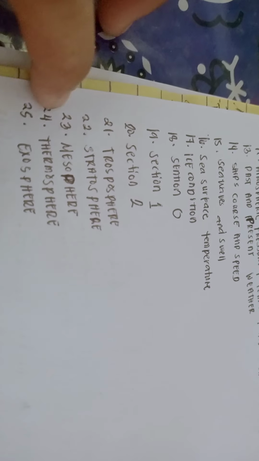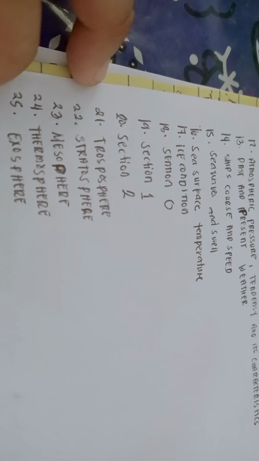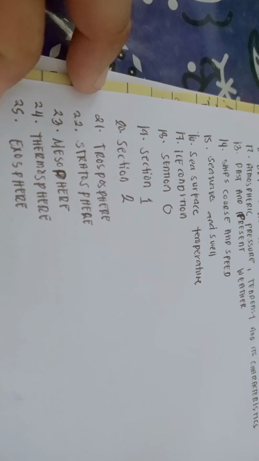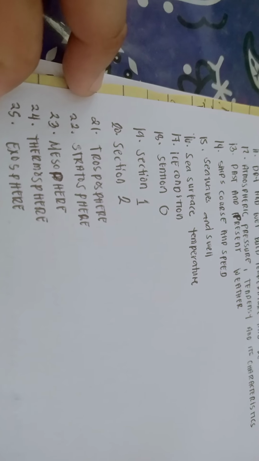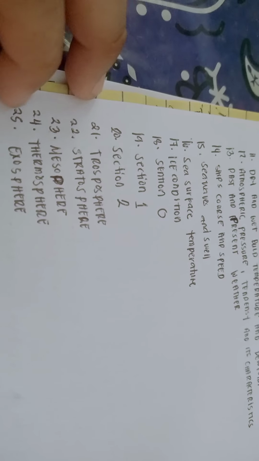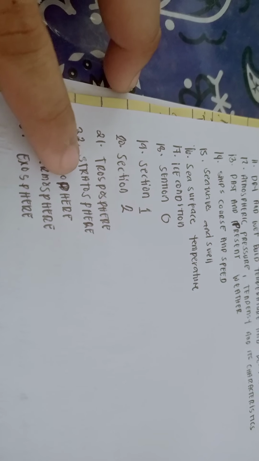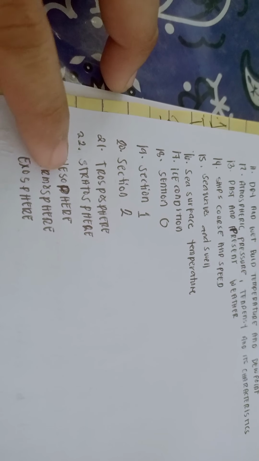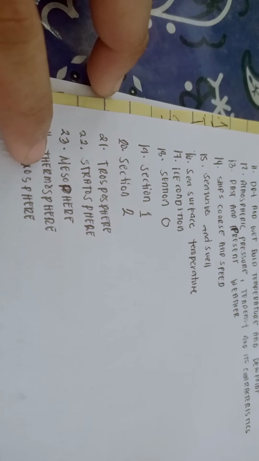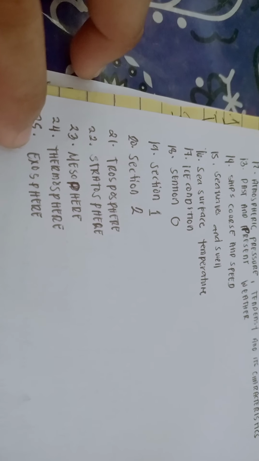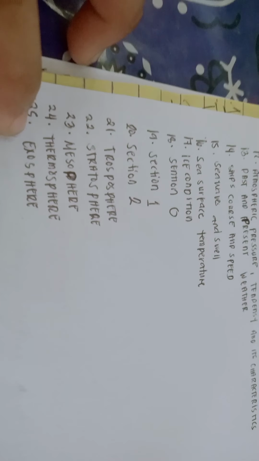In 21 to 25, from lowest to highest, these are the major layers in the atmosphere. We have troposphere, stratosphere, mesosphere, thermosphere, exosphere. That's all, sir.